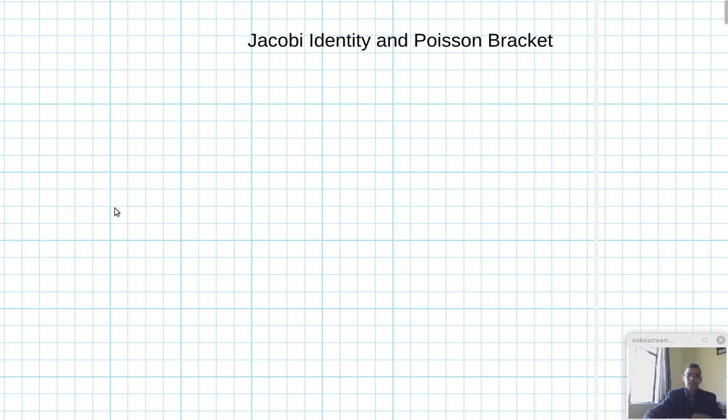So today I am going to discuss with you a very important identity that is known as the Jacobi identity, and I will try to prove the Jacobi identity with respect to the Poisson bracket.